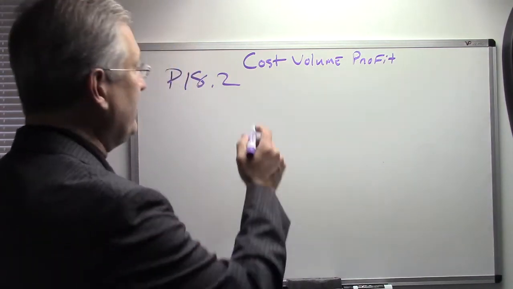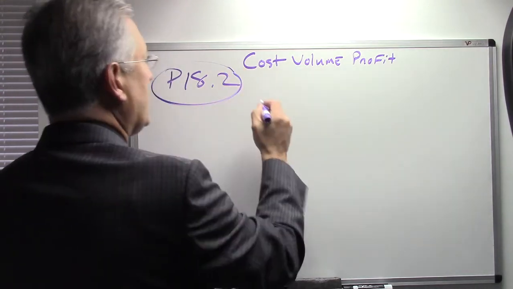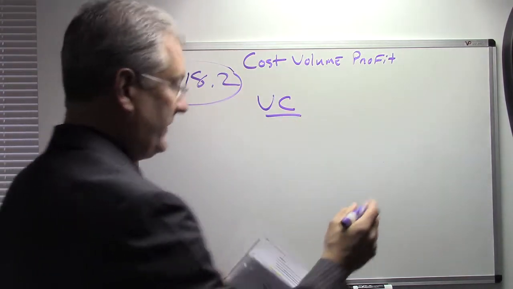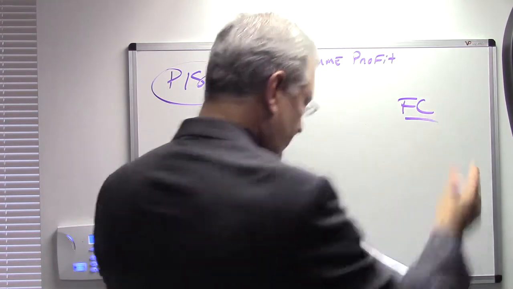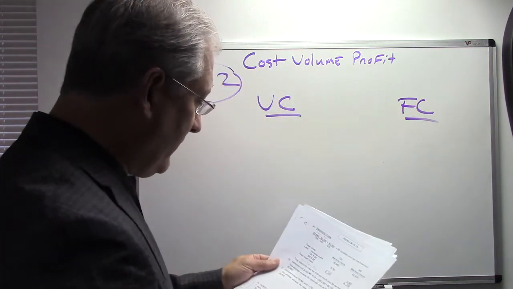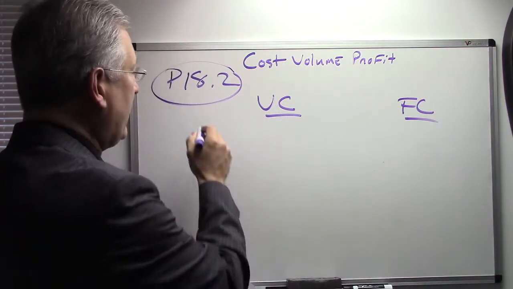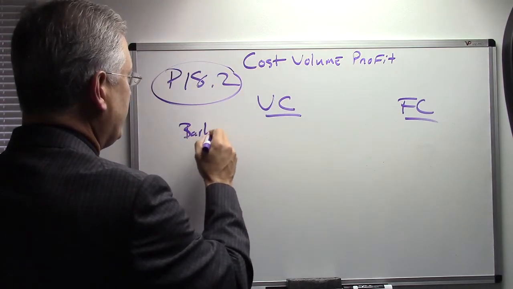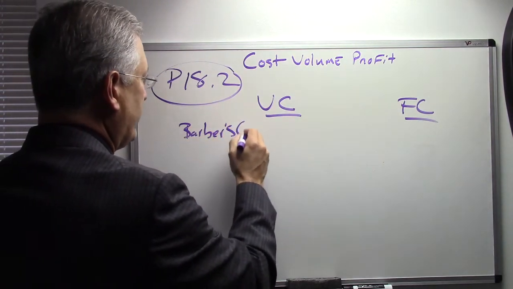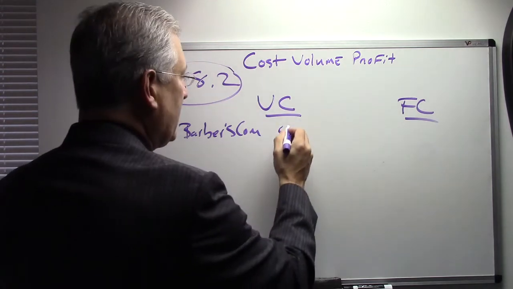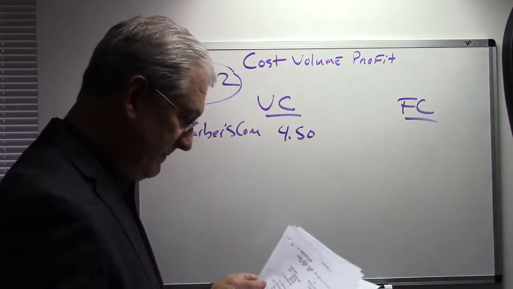So it's asking you to identify variable costs and fixed costs. The first variable cost is the barber's commission, which is $4.50 per haircut.